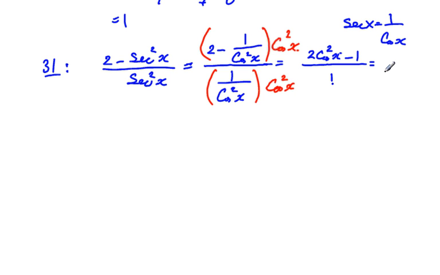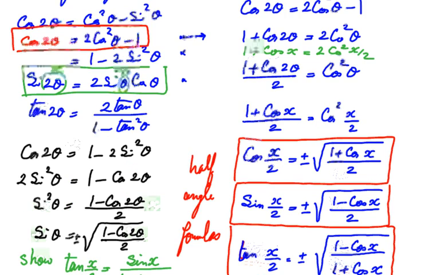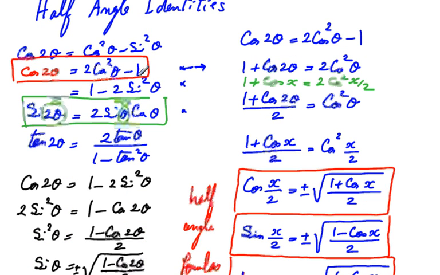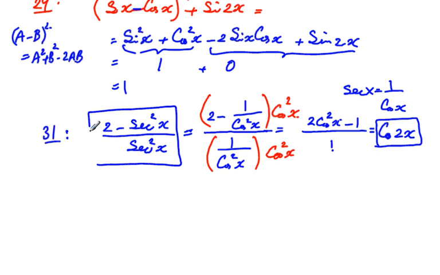In these problems, pattern recognition is what's important. You look at that, and some light has to go off in your mind: I've seen this before. 2 cosine square minus 1, I have seen this guy before. It's cosine of 2x. So admittedly, this is a cleaner expression than this one is.